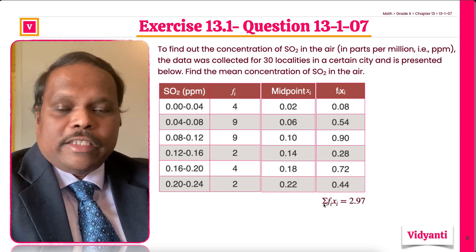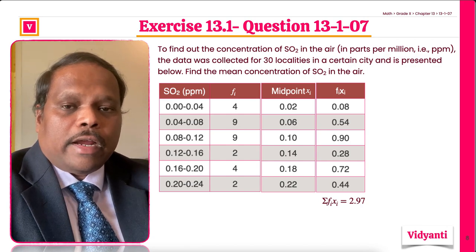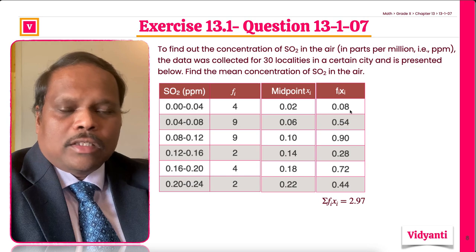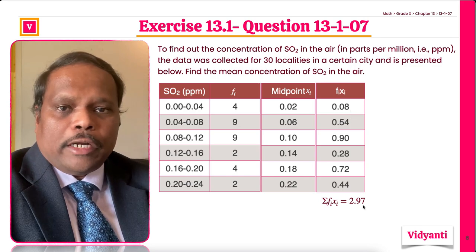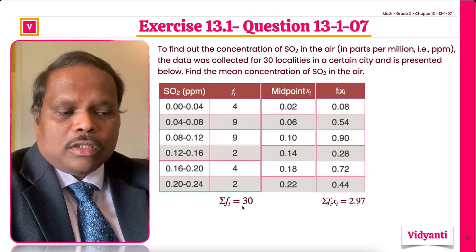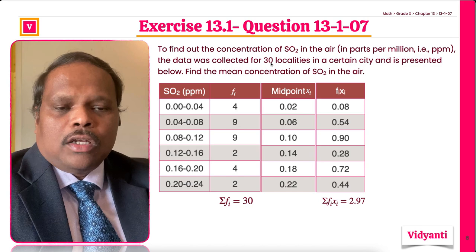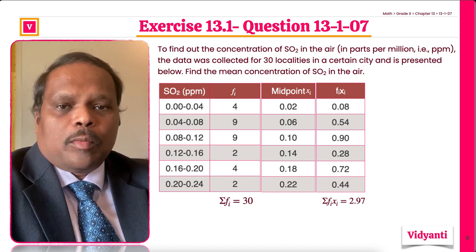So that would be sigma, which is a typical notation used for total, summation, addition. And if you add all these values, they will come out to be 2.97. We know that the summation of all frequency values is 30, and that should match with the 30 localities given here. So it's a matter of using the appropriate formula.